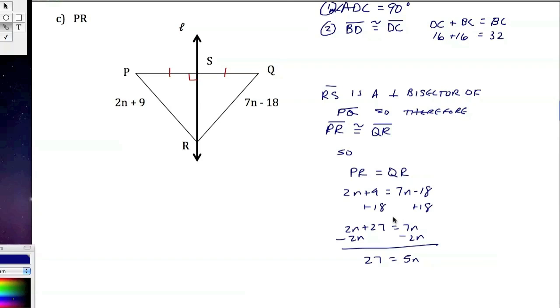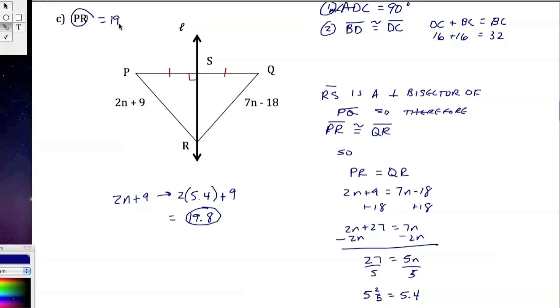And what I end up with is a fraction, 27 over 5, so that's going to be 5 with 2 left over, which is going to give me 5.4. Okay? They're asking me to find PR, and so PR is going to be 2n plus 9. I'll plug in 2 times 5.4 plus 9, which gives me 19.8. So PR is equal to 19.8.